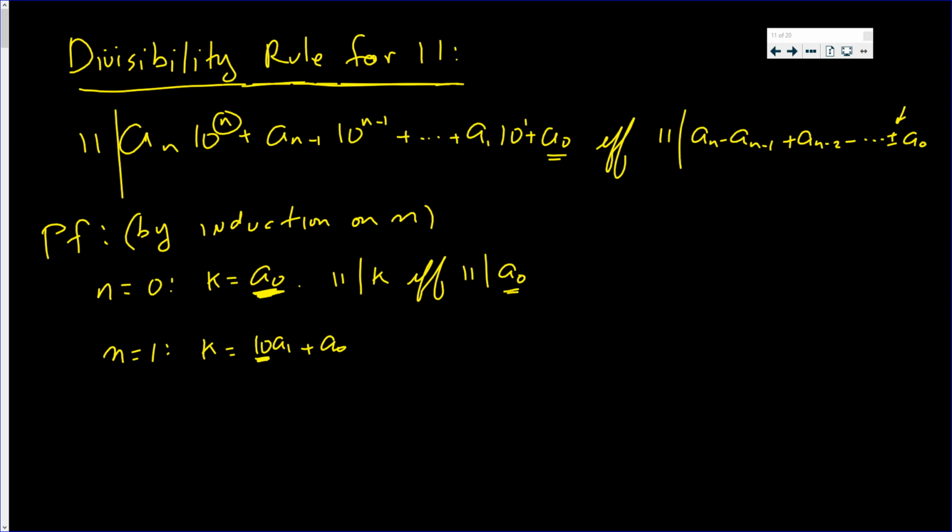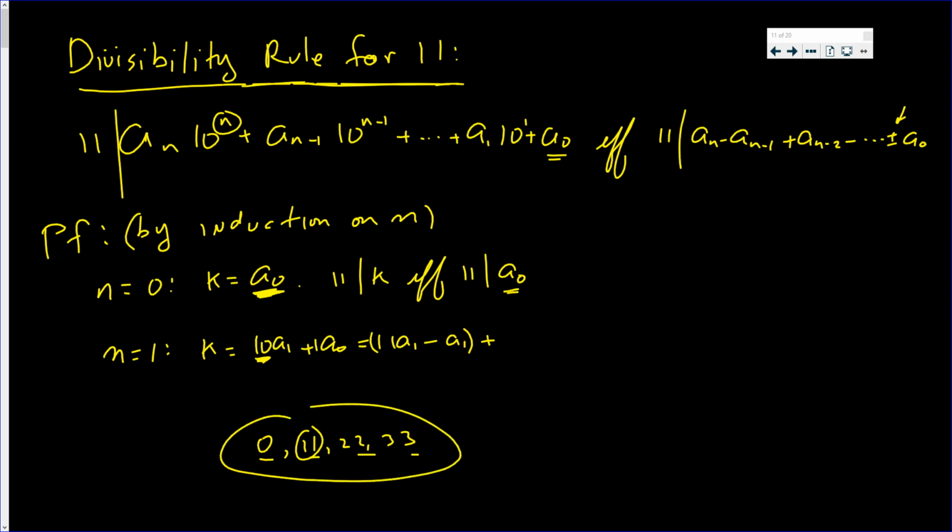Now, the multiples of 11 are 0, 11, 22, 33. Which of these numbers are closest to 10? 11. So I'm going to make that 11a1, but then I have to justify it by taking away a1. Plus, now that's 1a0.